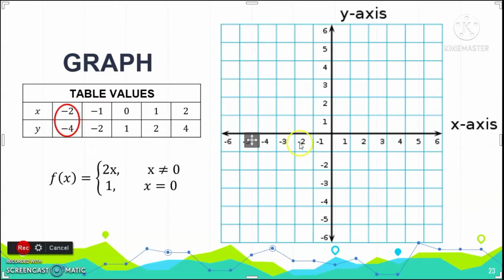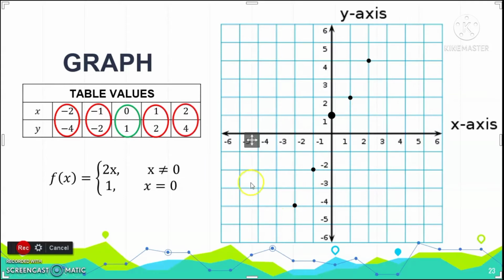Let's graph here -2 and -4, -1 and -2, 0 and 1, 1 and 2. So here we go, we have 2 and 4. So here is the solid dot.